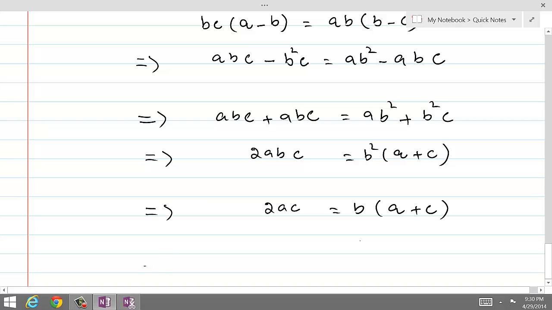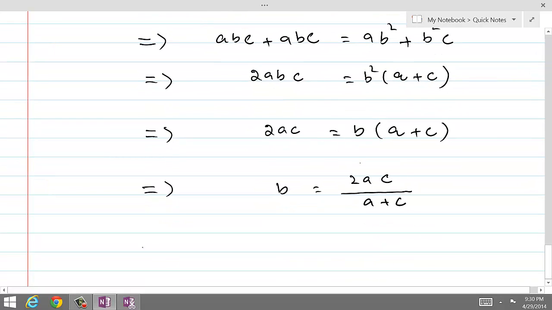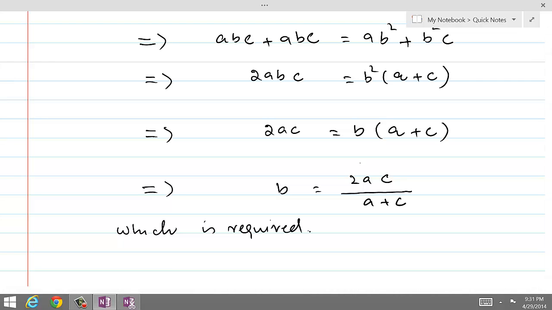This means B is equal to 2AC over (A plus C), which was required. So this way, using this property of common differences being the same, we can prove any relation that is given in the question.